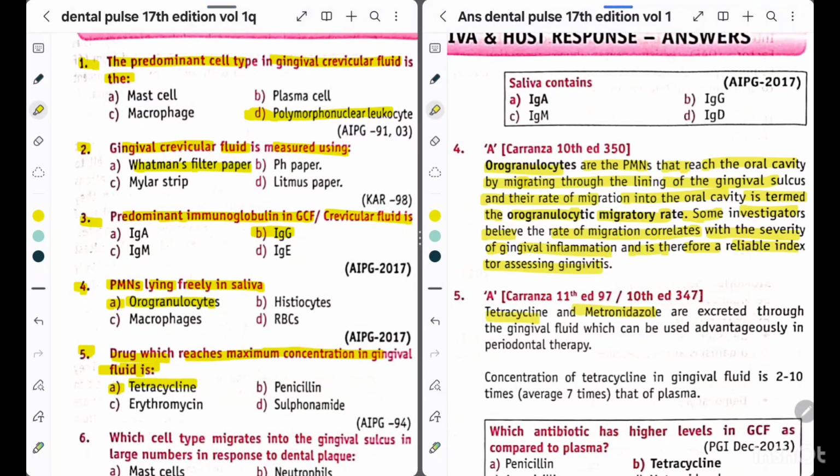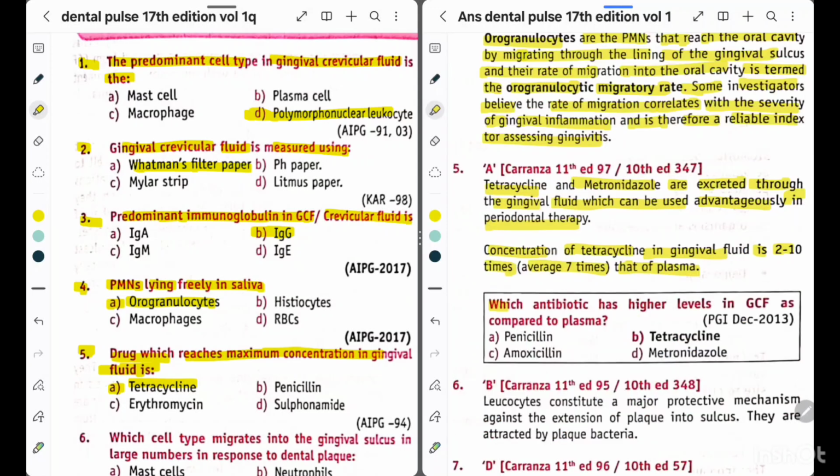Tetracycline and metronidazole are excreted through the gingival fluid, which can be used advantageously in periodontal therapy. Concentration of tetracycline in gingival fluid is 2 to 10 times, average 7 times, that of plasma. Another question on the same concept: which antibiotic has higher levels in GCF as compared to plasma?